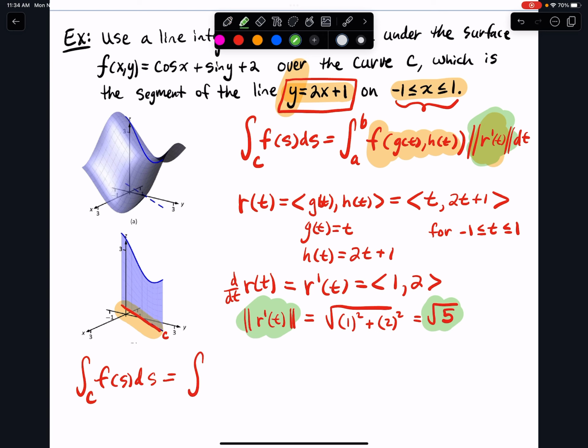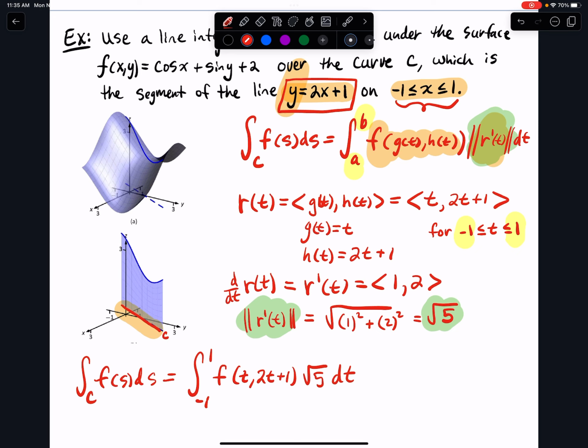Now a to b here looks like it's going to be from negative 1 to 1. So a to b, from negative 1 to 1, of f of t, comma, 2t plus 1, and then the magnitude of the derivative, which is square root of 5 dt.